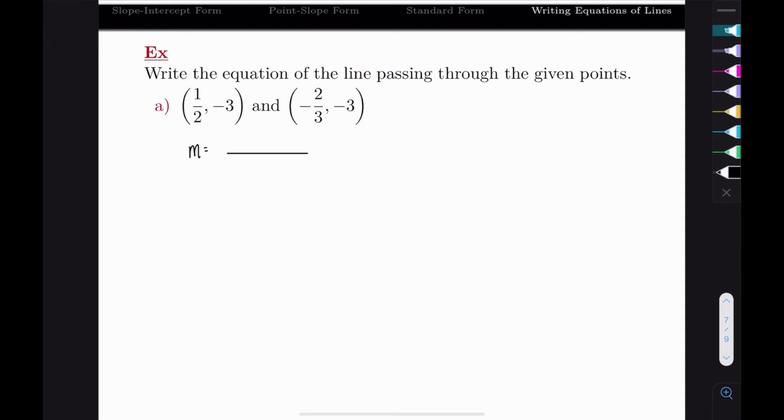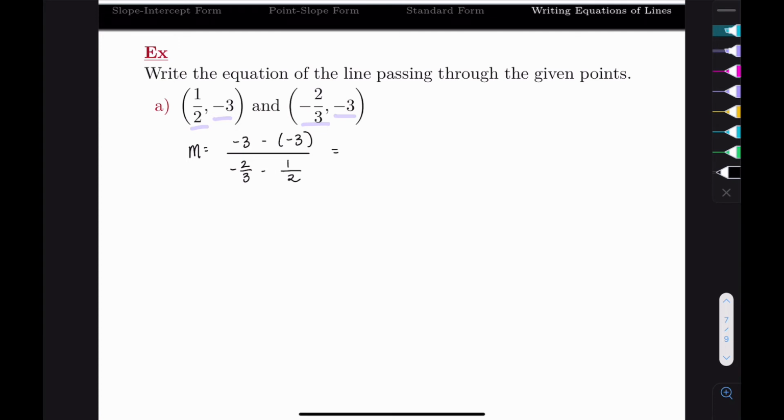And so we set up our fraction. We've got subtraction and subtraction. We look at the difference in y values. So we have -3 minus -3 over our difference in x values, which unfortunately is nasty fractions. We have negative 2/3 minus 1/2.